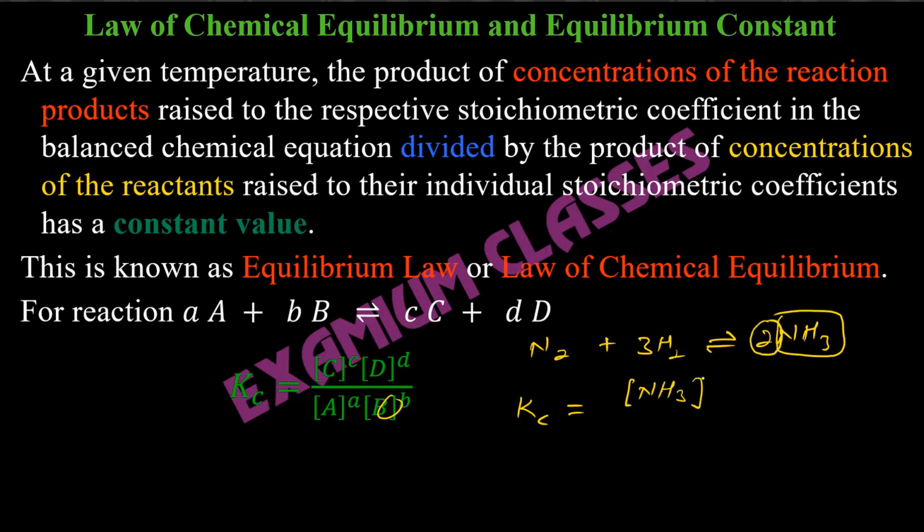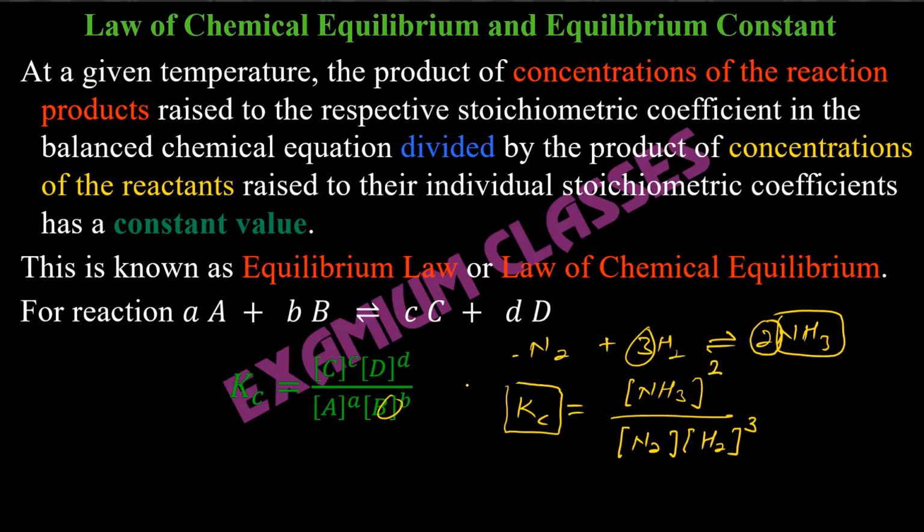What is the stoichiometric coefficient? 2. So to the power 2, divided by reactants concentration. We have nitrogen and hydrogen, 2 reactants raised to their respective stoichiometric coefficients. For nitrogen, you have here 1 only, which is not written. You don't write to the power 1, so instead of writing 1, you keep it blank. And here 3. So H2 concentration to the power 3. This is what equilibrium constant is given as.